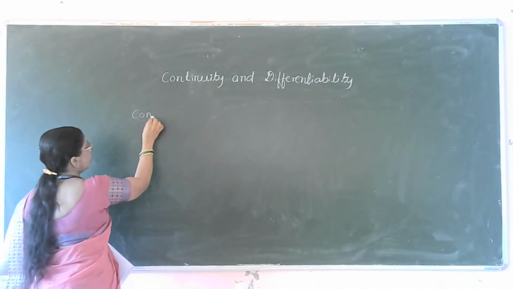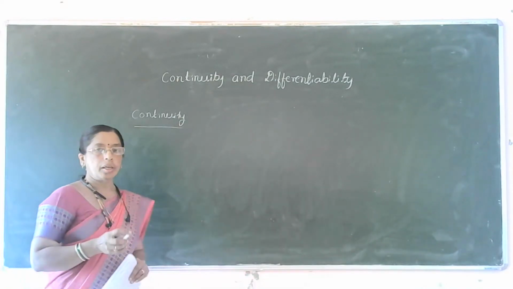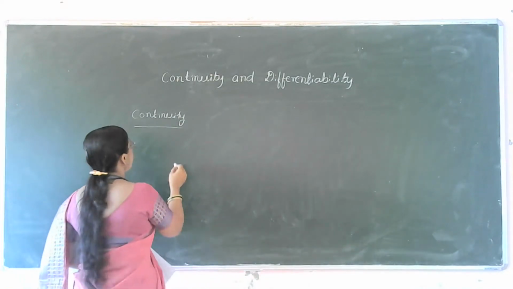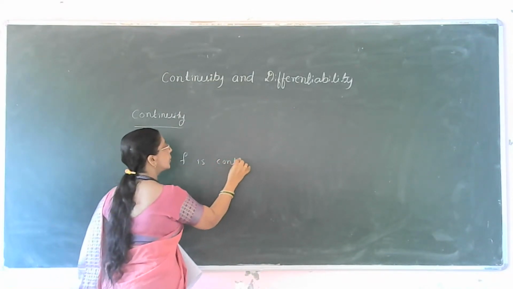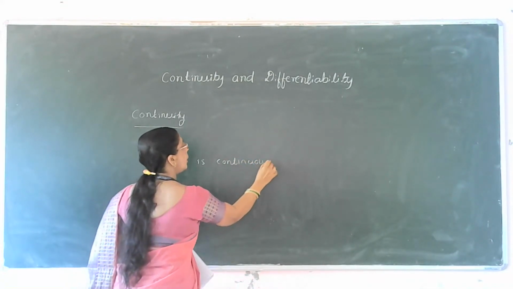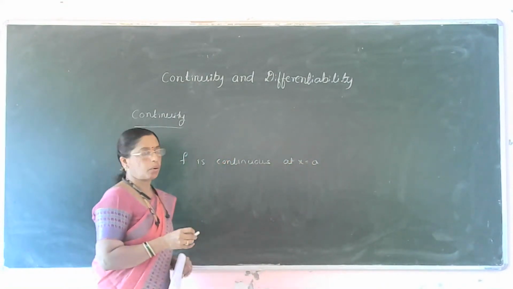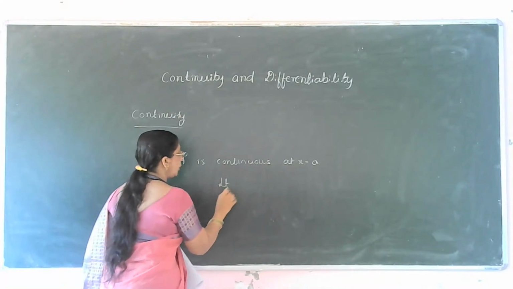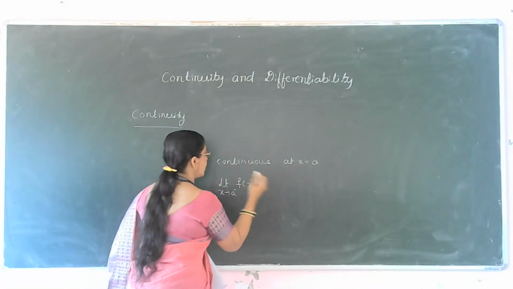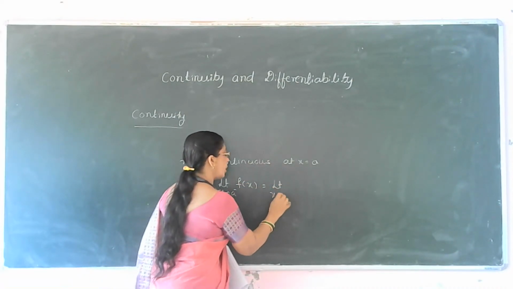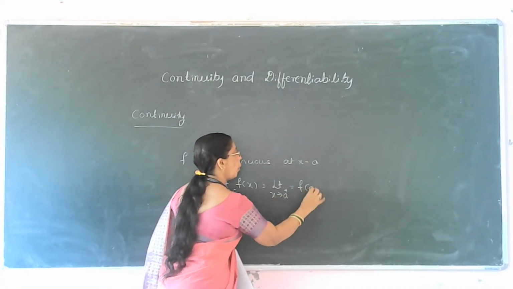Continuity. Once again I recall the definition of continuity. The function f is continuous at a given point x equal to a if the limit as x tends to a minus of f of x, which is equal to the limit as x tends to a plus, which is equal to f of a.